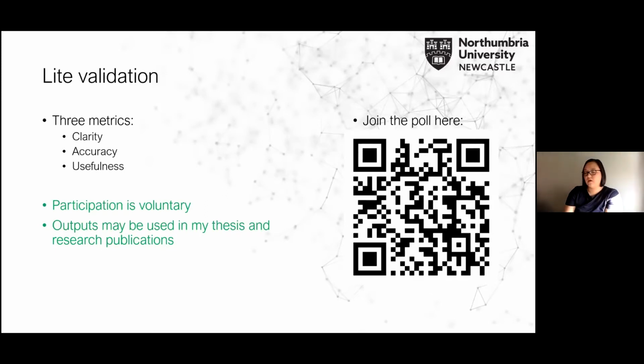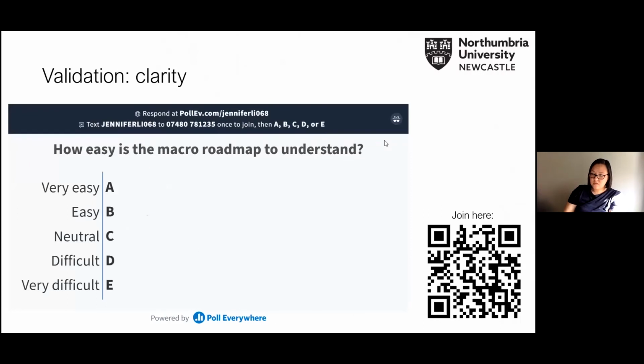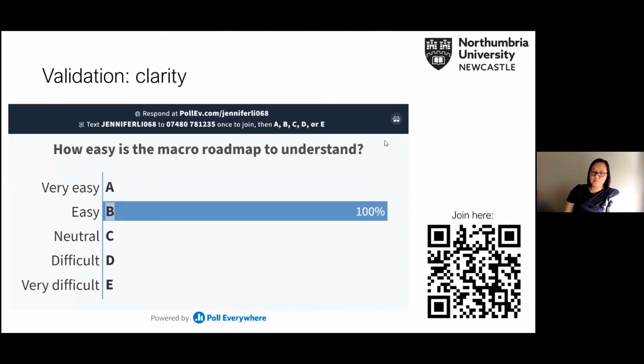So if you just hover the camera over it, click the link, and that'll take you through to this poll. So how easy, based on what I've presented, and I appreciate that I haven't given you a lot of detail, but if you could indicate how easy you think it is to understand or not, as the case may be. And then I'll move on to the next few questions. And it is an early version, and hopefully this will develop as we go.